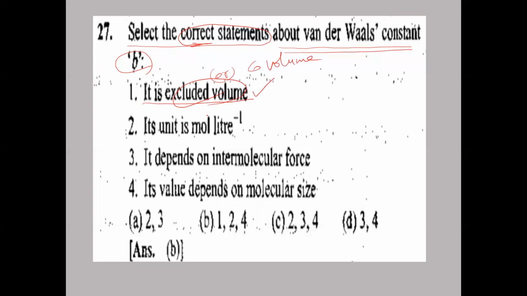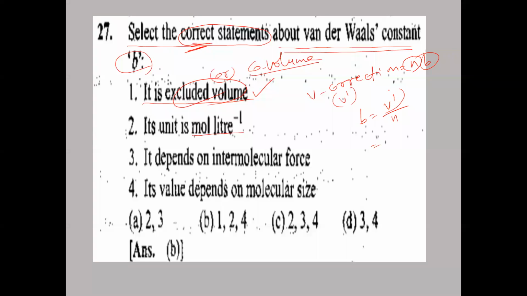So B is also called excluded volume or co-volume, remember. And it is a correct statement. They asked about the correct statement, and this is correct. And its units are mole per liter, they said. Now we know the volume correction is given by nB, n into B. So B is equal to volume correction by n.